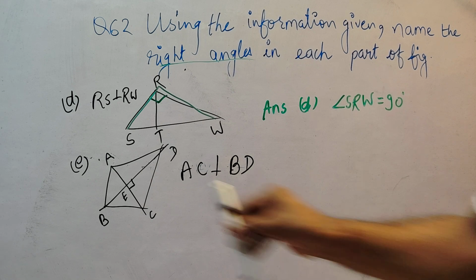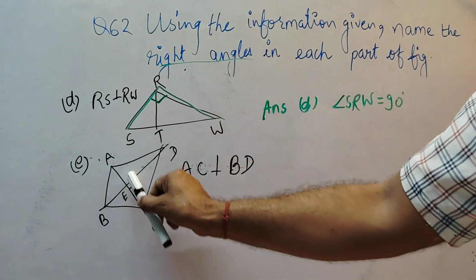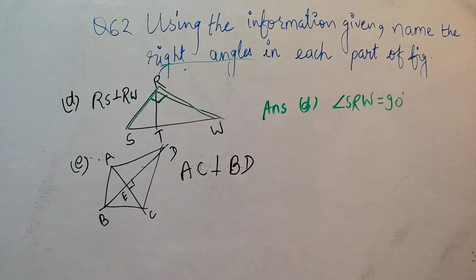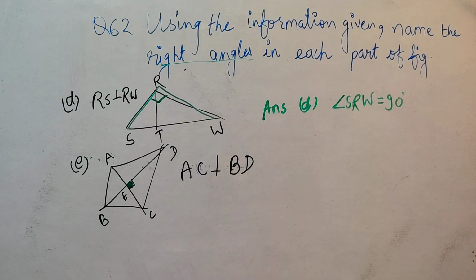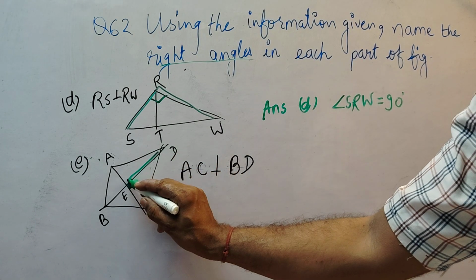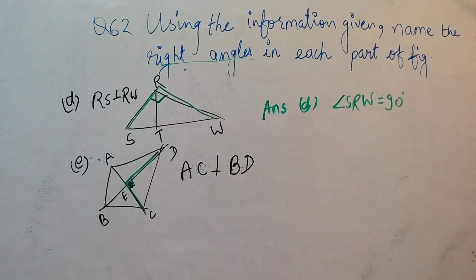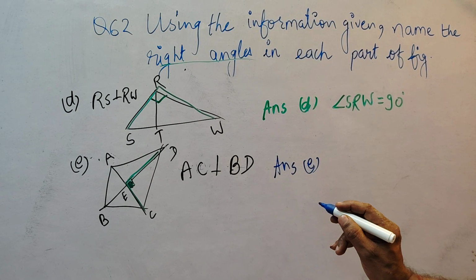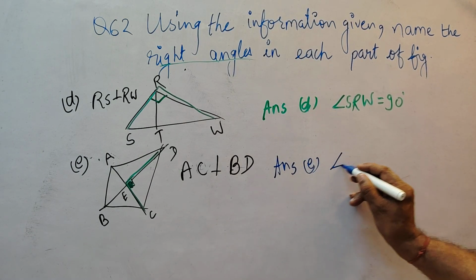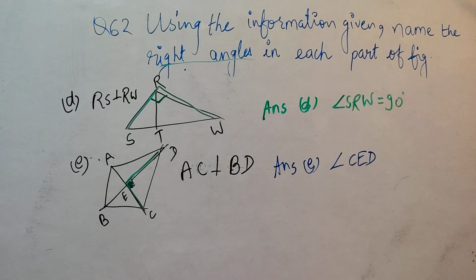So AC is here, BD is here, and at this point E, this sign is the perpendicular sign. Could you tell the name of the right angle? So what is the name here? Answer E is, yes, repeat please. Yes, angle CED, correct. You have to write it this way in your homework answer.